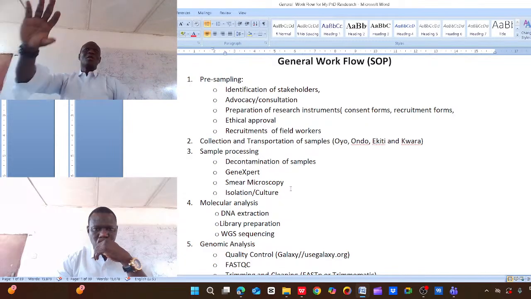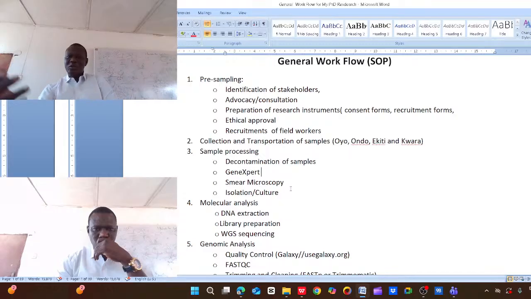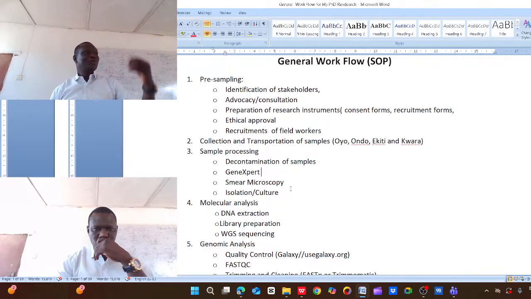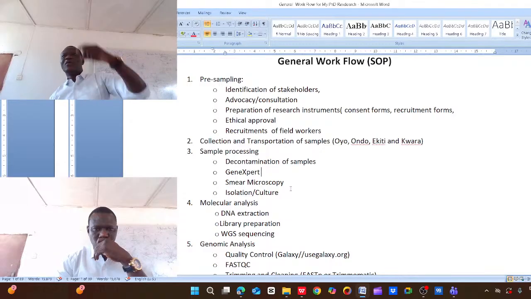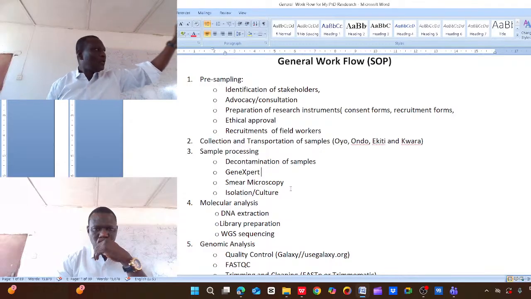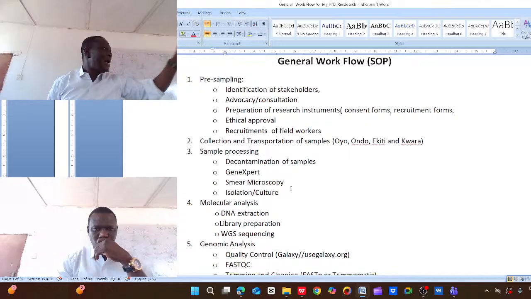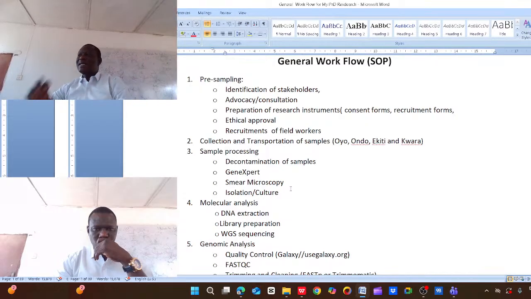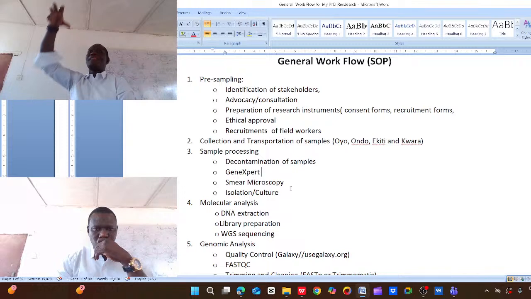Now, for some of you that have started your work and have started retrieving your sequences, which sequences are you retrieving? Are you retrieving sequences from ribosomal RNA, which is from partial sequencing, or are you getting the sequences of the whole organism?